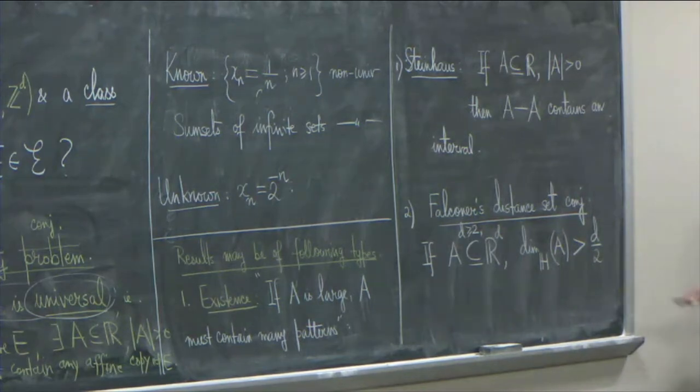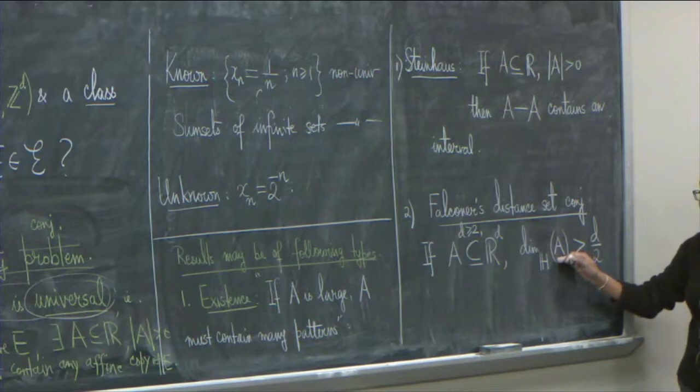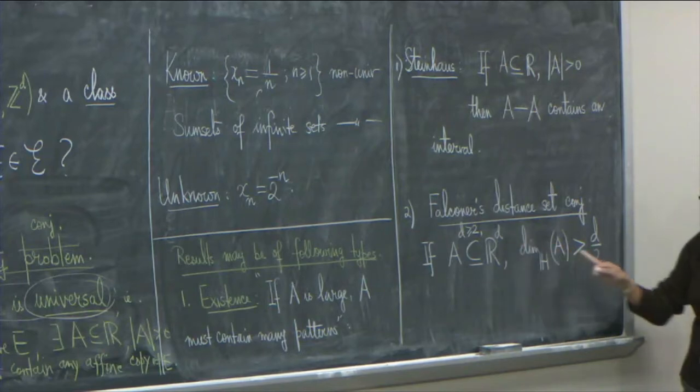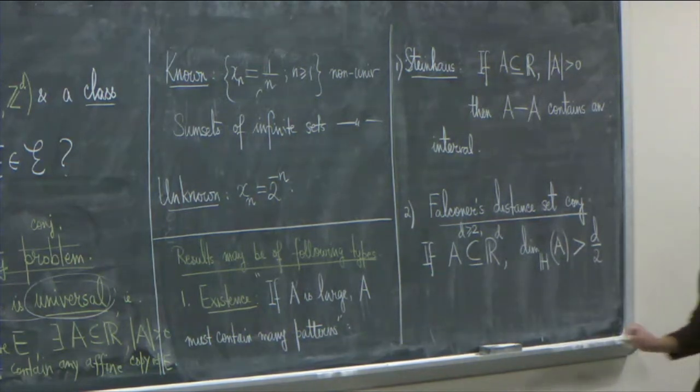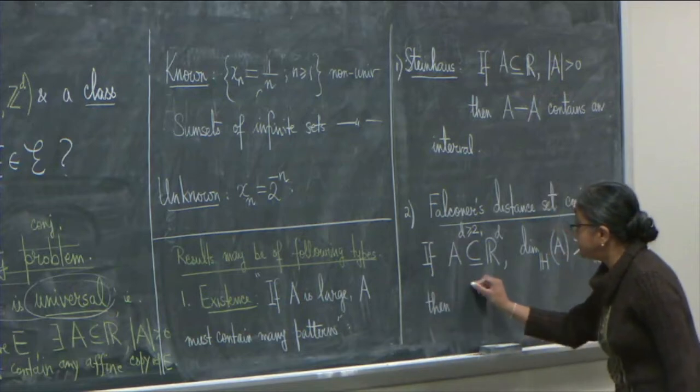Okay? So this allows for A to have 0 Lebesgue measure, because sets that have positive Lebesgue measure automatically have Hausdorff dimension d.